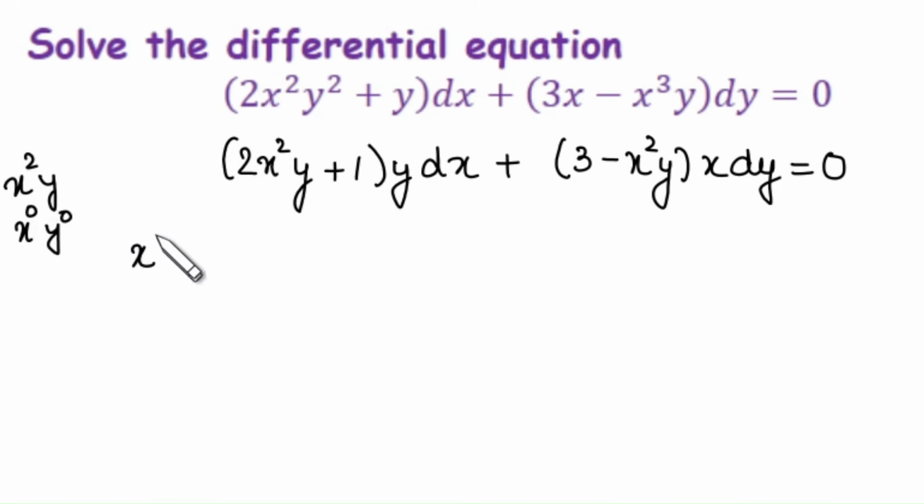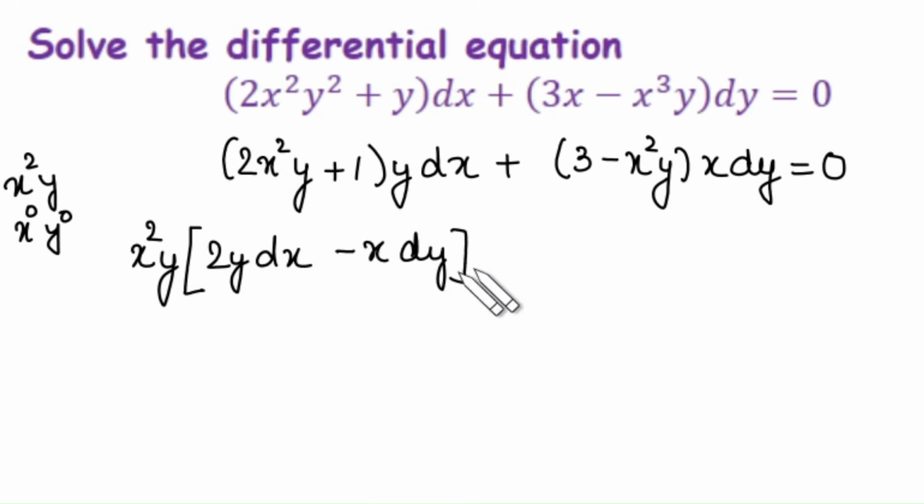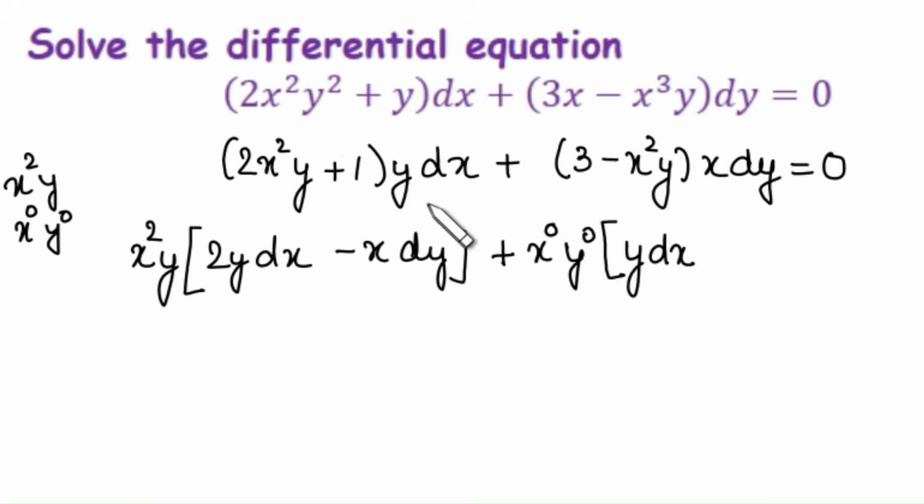Now collect it. We can write x square y outside. What are the remaining terms? That is 2y dx, and from here we can write minus x dy. For the next one, we need x raised to power 0, y raised to power 0, and it results in y dx as the remaining term from the first one, and from the second one plus 3x dy is equal to 0.